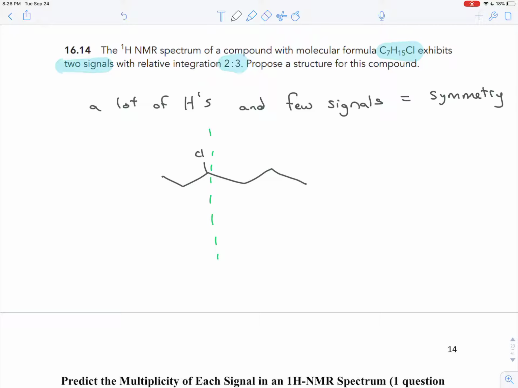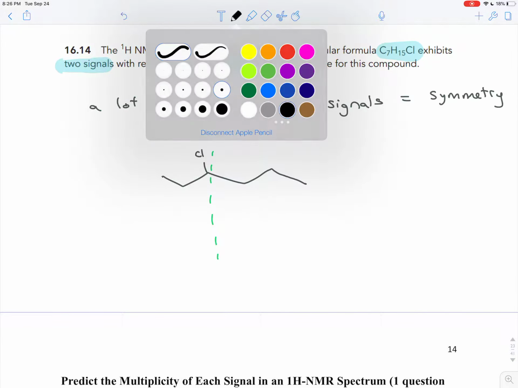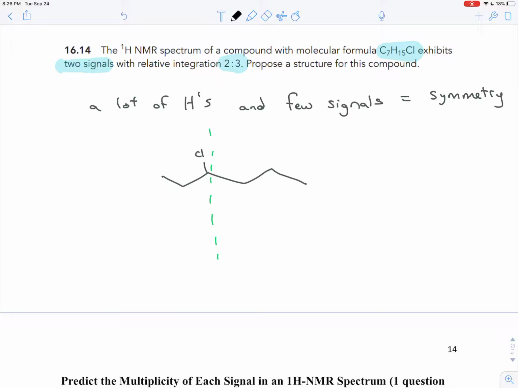Well, you can't do it to just one side, because then you don't have the symmetry anymore, and we know we have to have symmetry because we have a lot of hydrogens and very few signals. So if you take a carbon away from one side, you have to take the carbon away from the other side. Now we have to add those 2 carbons back in somehow while preserving the symmetry.